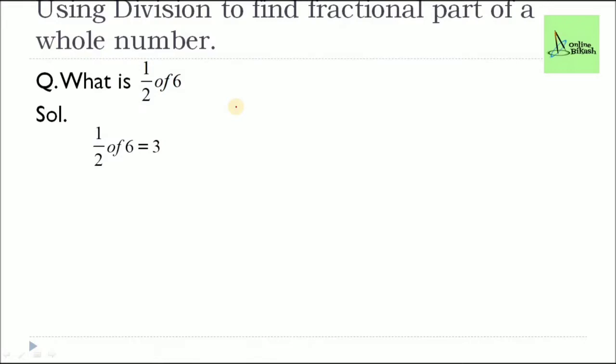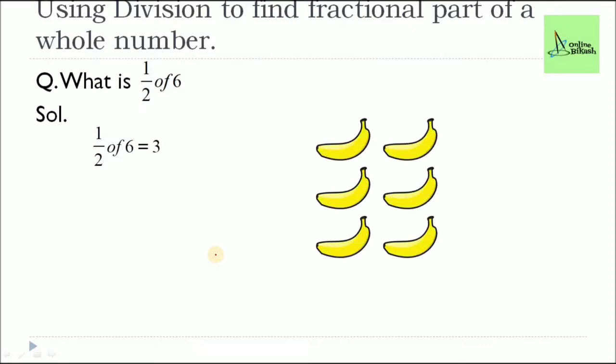So the solution is already done here, but I will show you how you can obtain this. Let us think of 6 bananas like this. Now we have to find the half of these 6 bananas. Half means 1 upon 2, 1 by 2. So 1 by 2 means what? We will make 2 parts.